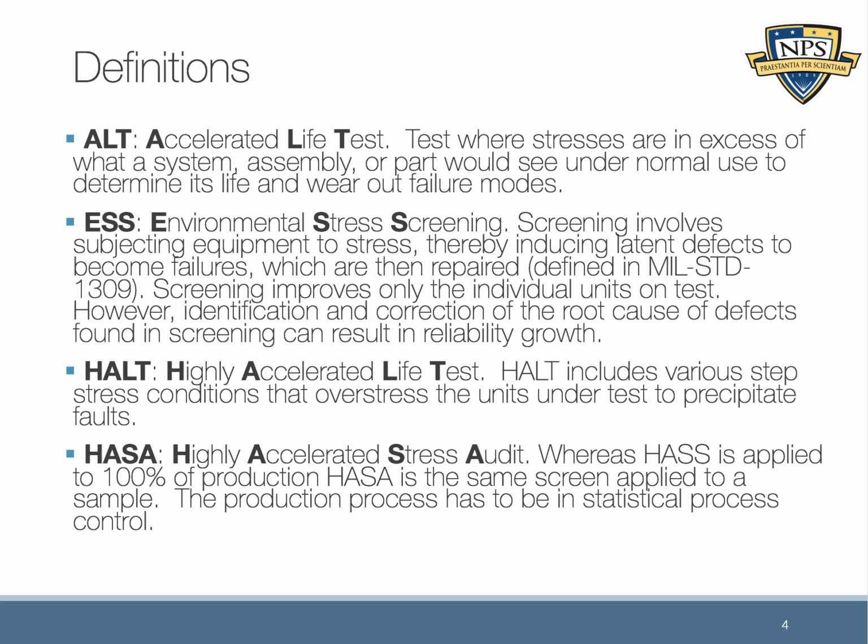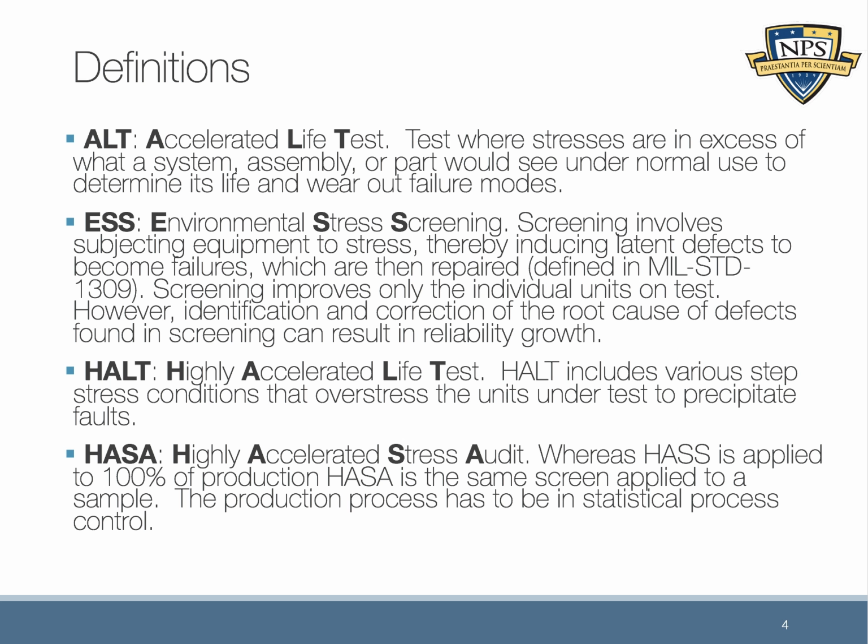Environmental stress screening. This uses the word screening specifically because it's for actually screening out units that have issues. So it involves subjecting the system to stress, which then causes defects in the system to be found and essentially screened out. So we're taking a population, sending them through this environmental stress screen and weeding out some of those.